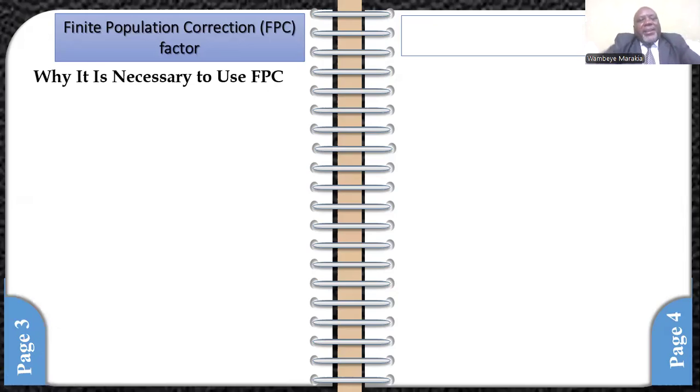Why is it necessary to use finite population correction?